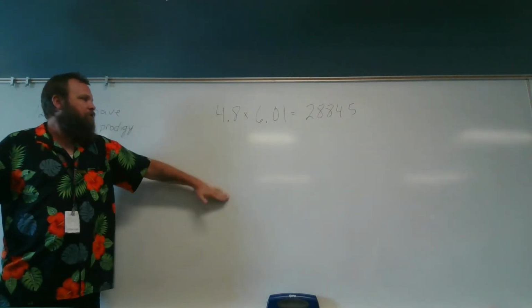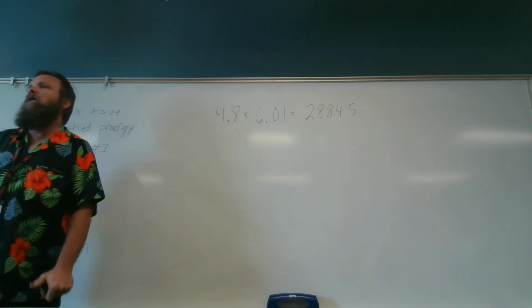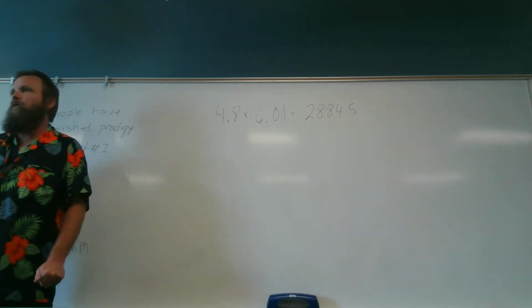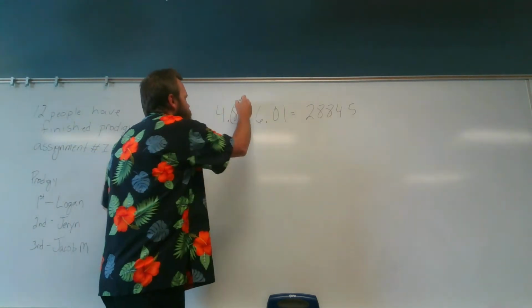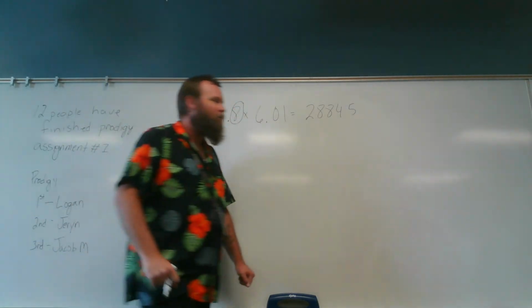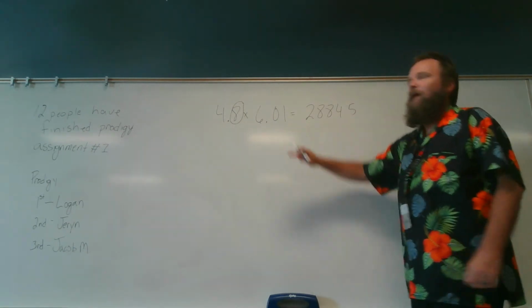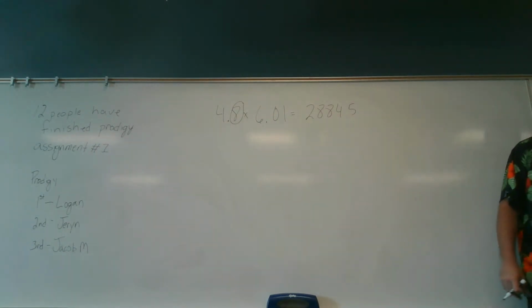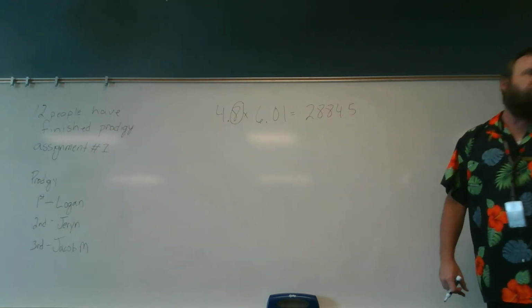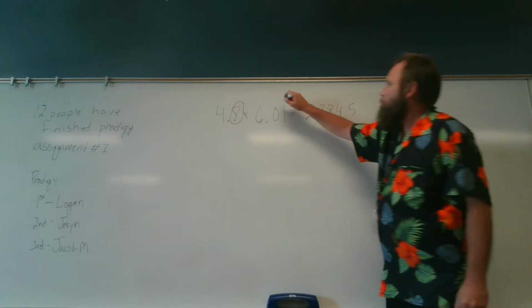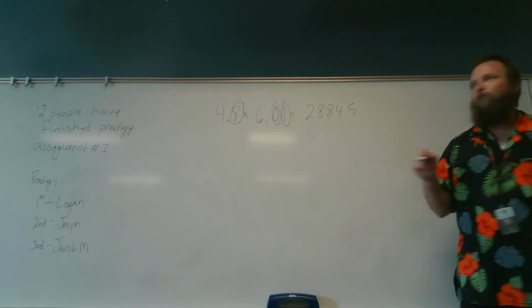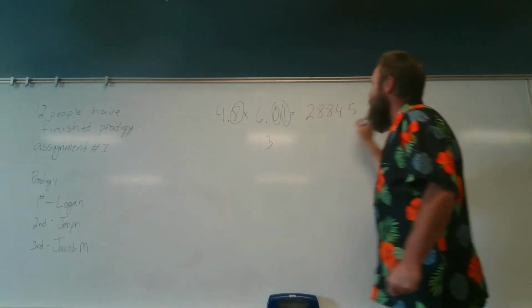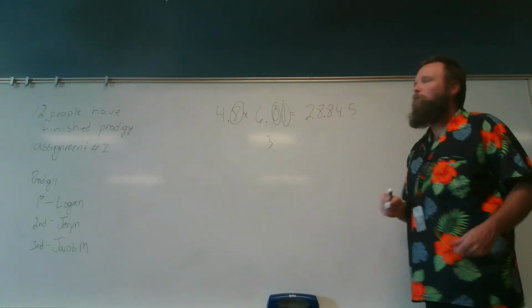In your first factor, 4 and 8 tenths, how many numbers are to the right of the decimal point? 1. In the second factor, 6 and 1/100th, how many numbers are behind the decimal point? 2. So how many total numbers did I circle? 3. That's how many numbers need to be behind the decimal point in my answer.